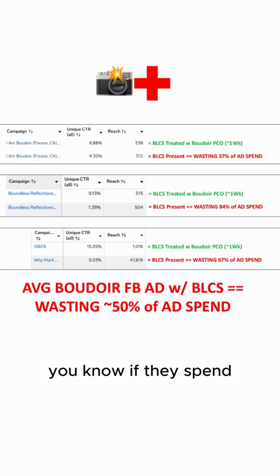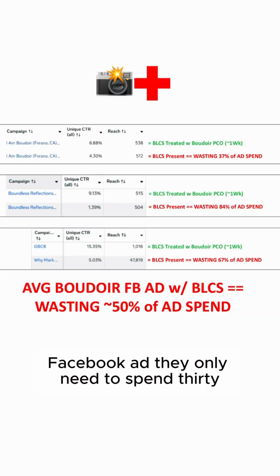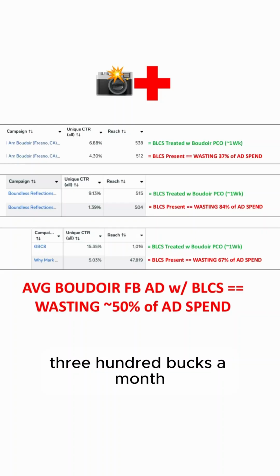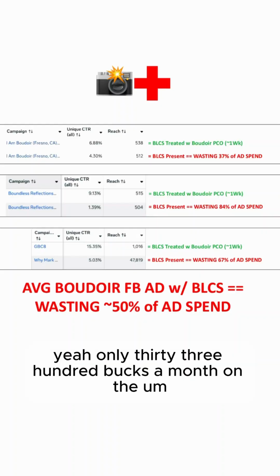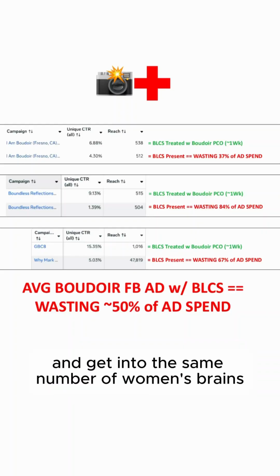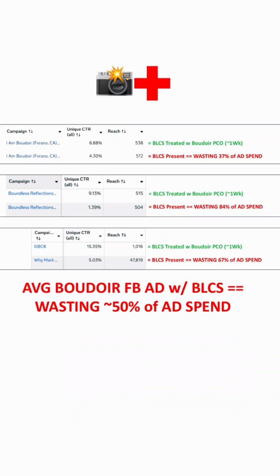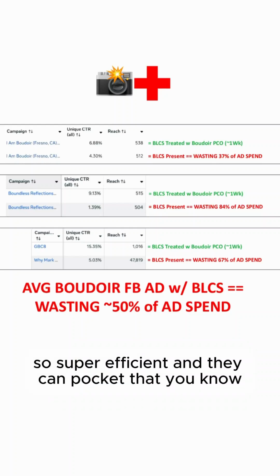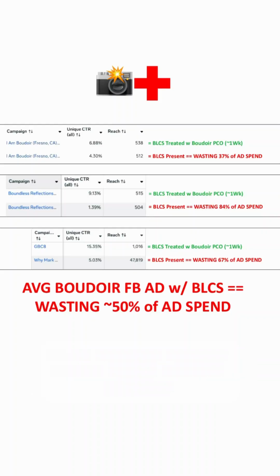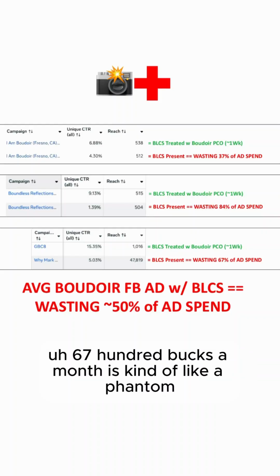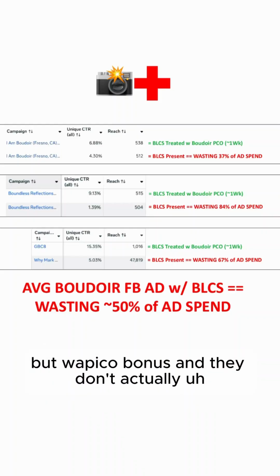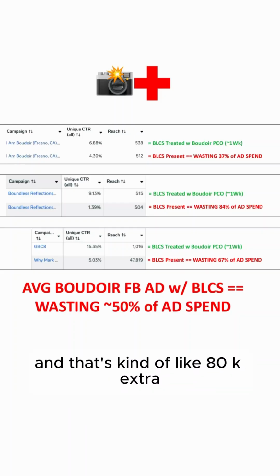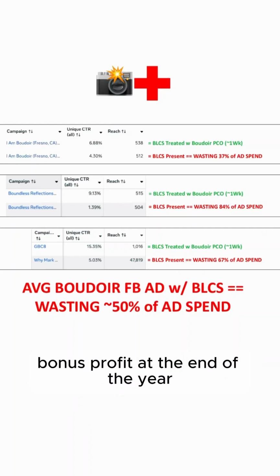If they spend 10 grand a month on the original Boudoir Facebook ad, they only need to spend $3,300 a month on the Boudoir Pico treated ad and get into the same number of women's brains. So super efficient, and they can pocket that $6,700 a month as kind of like a phantom profit, phantom bonus, Boudoir Pico bonus, and they don't actually need to do any extra work, and that's kind of like 80K extra bonus profit at the end of the year.